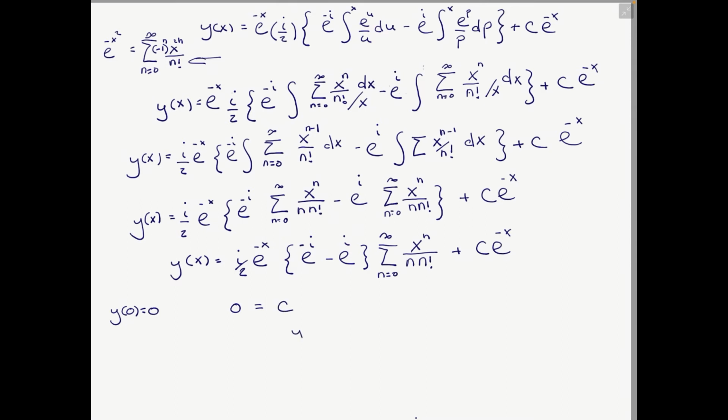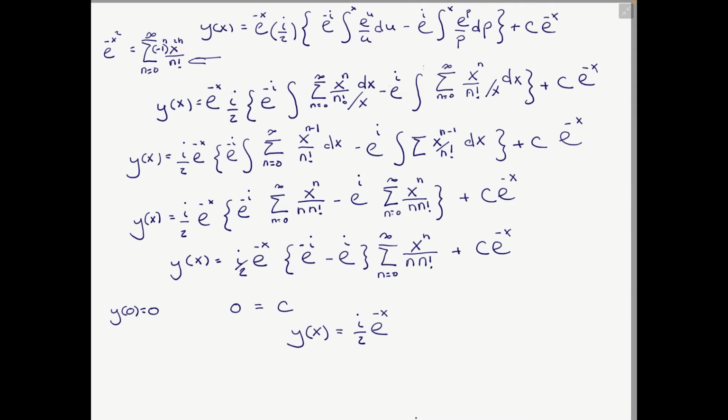So in the end, we have y of x equals i on 2 e to the minus x. And we can do a little algebra here.